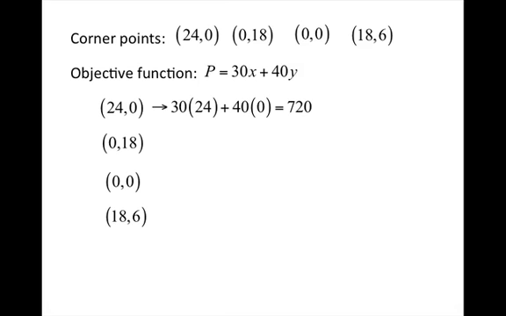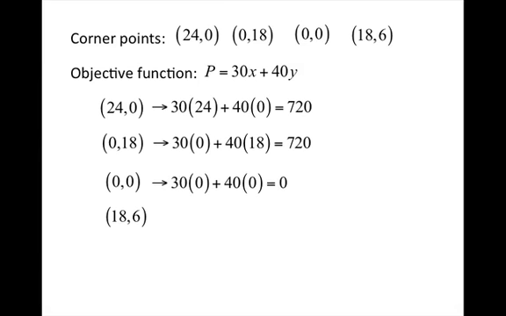If I plug in the 0, 18, I get 30 times 0 plus 40 times 18, and this is also 720. If I plug in the 0, 0, I'd get 0. 30 times 0 plus 40 times 0 is 0. And then finally, if I plug in the 18, 6, I get 30 times 18 plus 40 times 6, which is 780.